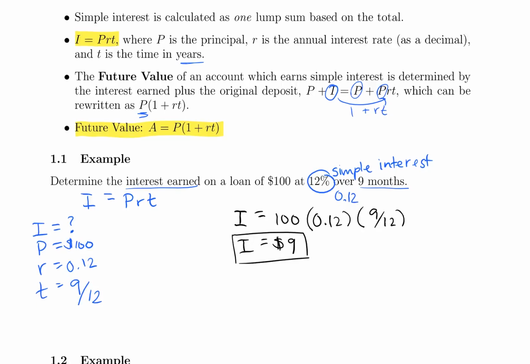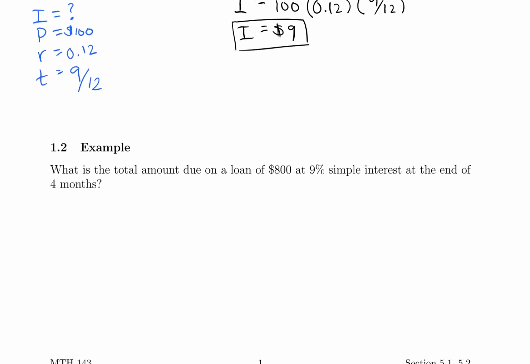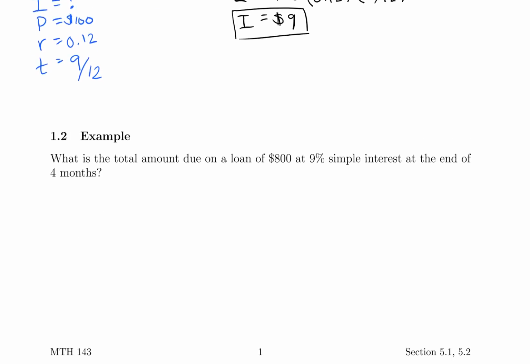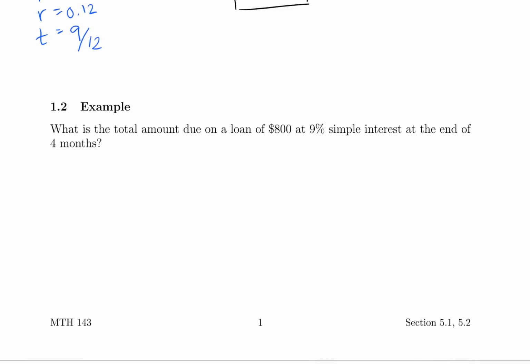Let's take a look at another example. We want to know, what is the total amount due on a loan of $800 at 9% simple interest at the end of 4 months? In this case, we are not being asked to solve for the amount of interest. We're being asked to find the total amount due, and so this tells us that we're interested in future value.